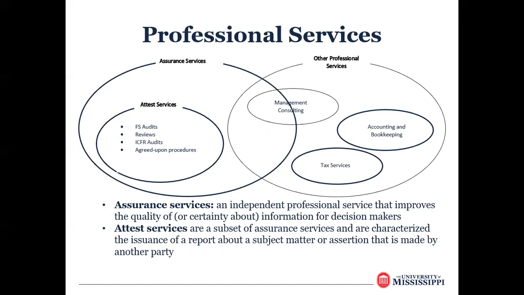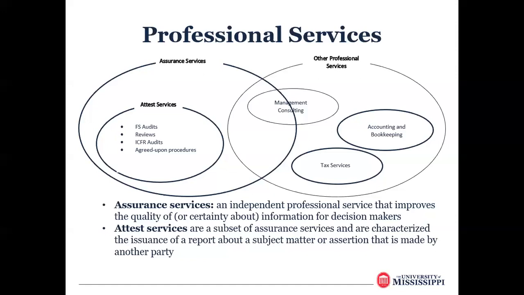And then the accounting professional, in providing an attest service, is going to provide essentially an opinion or at least a conclusion about the veracity of the assertion that this other party is making. Okay. Now, if we go outside of attest services and think about other assurance services, we have just a huge variety of services.